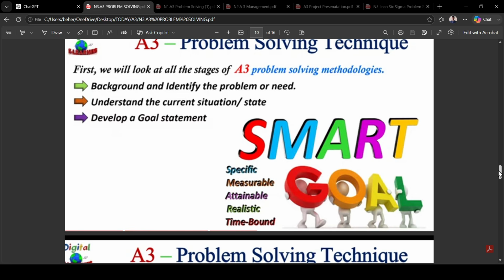SMART: specific, measurable, attainable, realistic, time bound.